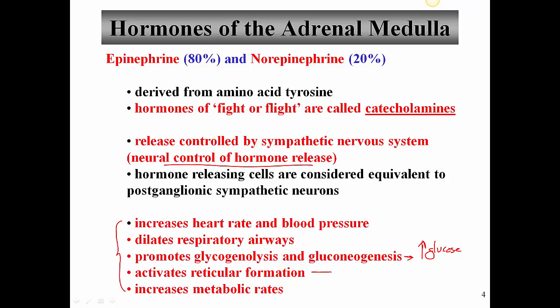These also activate the reticular formation. From A&P 1, remember the reticular formation is a part of the brain stem that wakes the brain and causes it to go into a heightened state of arousal or awareness. And finally, the hormones increase metabolic rates throughout the body. This makes sense because we have a heightened state of activity throughout the body when we have our fight or flight reactions.